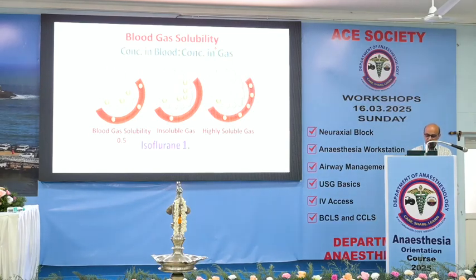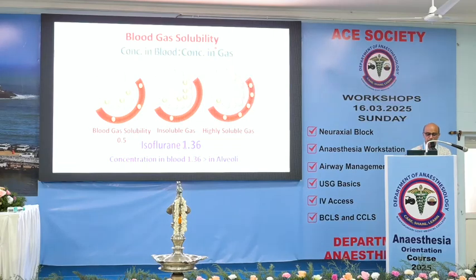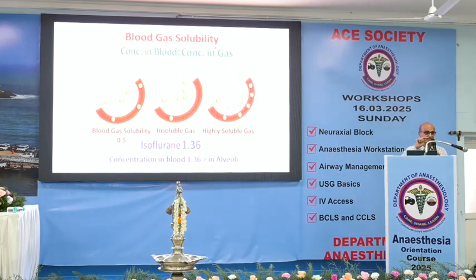So for isoflurane, if the blood gas solubility is 1.36, it means the concentration of the isoflurane in the blood should be 1.36 times the one in the alveoli before it can create an effect. So that is the blood gas coefficient, right?